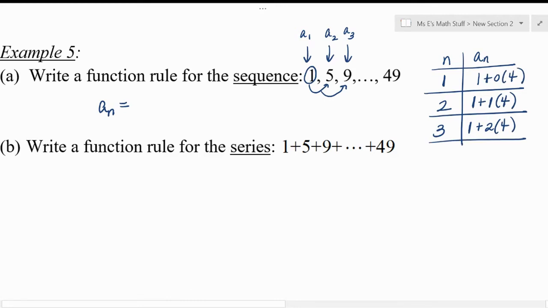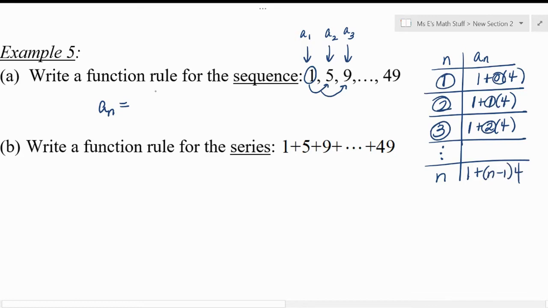For any nth term, you're starting with 1 and adding a bunch of 4s. And how many 4s? When you're on the third term, you're adding 2 4s. On the second term, you're adding 1 4. On the first term, you're adding 0 4s. So basically, you're adding n minus 1 4s. Cute, right?